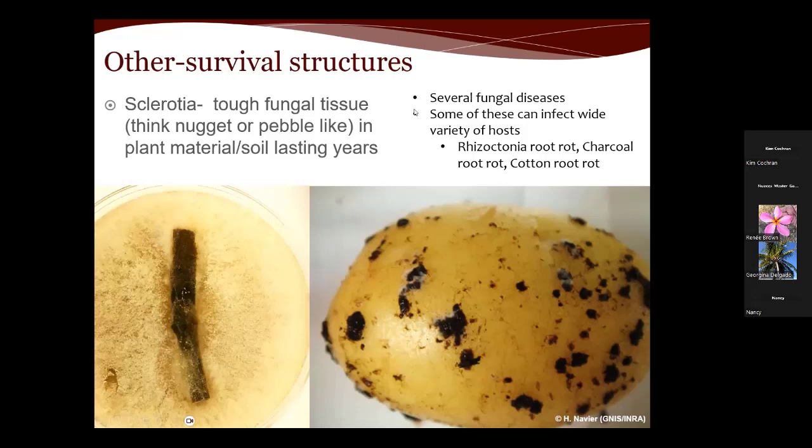So several fungal diseases make these structures. Some of them can infect a really wide variety of hosts, and a lot of fungi that make these are soil-borne. So that's highly advantageous if you're bound to being in the soil. If you can make a structure that lets you live for decades just waiting for a plant to happen to grow there, that'd be really advantageous, right?